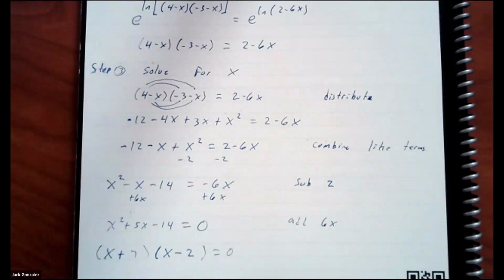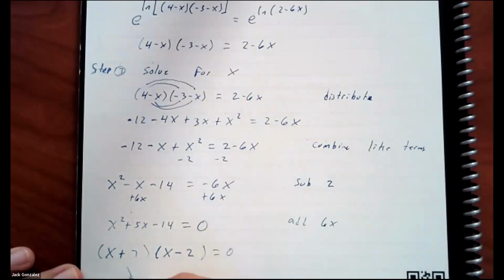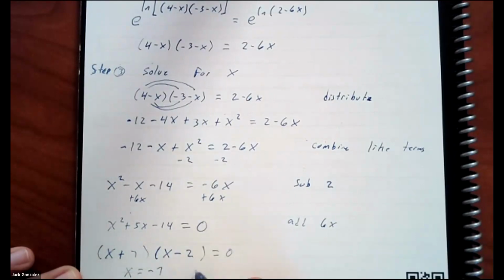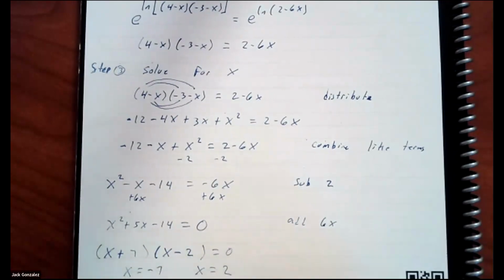You guys agree? So x equals -7, x equals 2. I'm out of space.